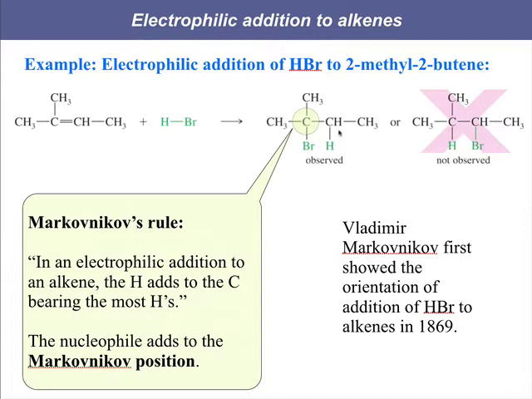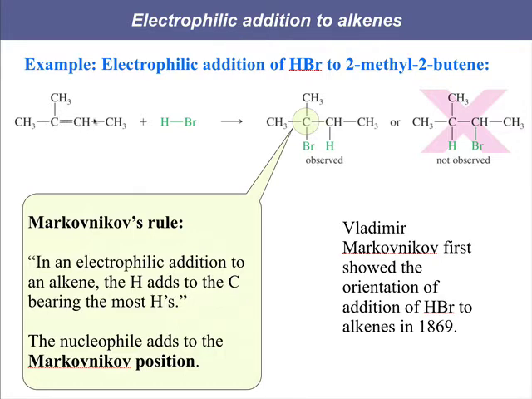Remember, in Zaitsev's rule, I said the trick to remember was that there was safety in numbers: the base removes the hydrogen from the carbon bearing the fewest hydrogens. The hydrogens on the carbon with the most hydrogens are safe. So in this case, you can think of it as the hydrogen goes onto the carbon with all of its friends. Carbon with two methyls has no hydrogens.